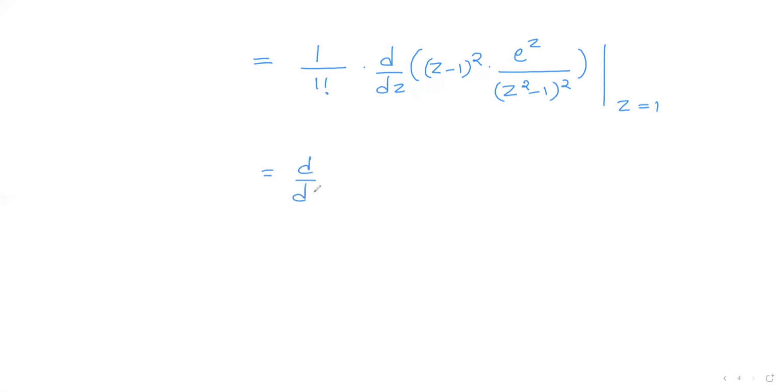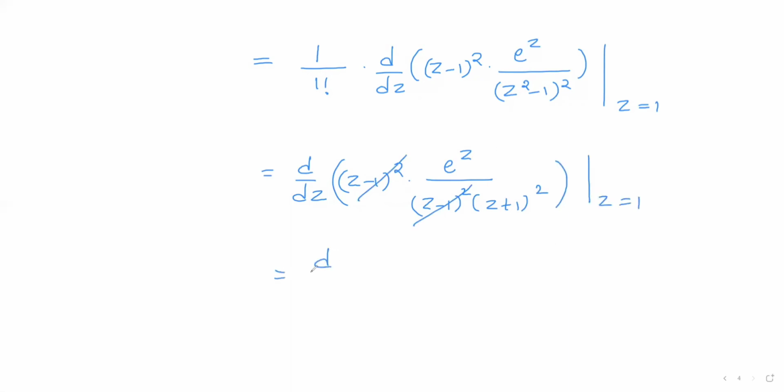Differentiation of z minus 1 whole square into e to the power z divided by z square minus 1 whole square. We factorize it as z minus 1 into z plus 1, so z minus 1 square into z plus 1 square. So this factor gets cancelled at z is equal to 1. Now we shall differentiate this. So we need to calculate the derivative of e to the power z by z plus 1 whole square at z is equal to 1.